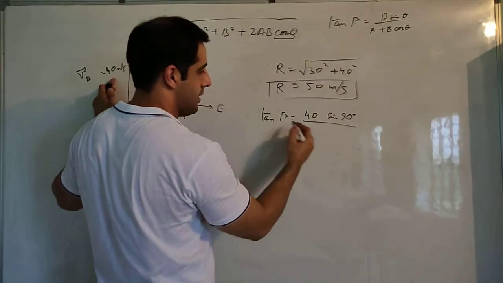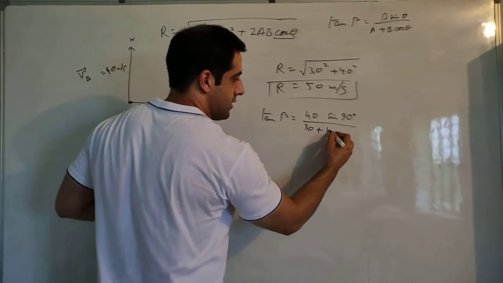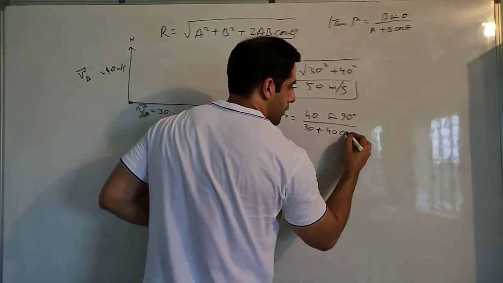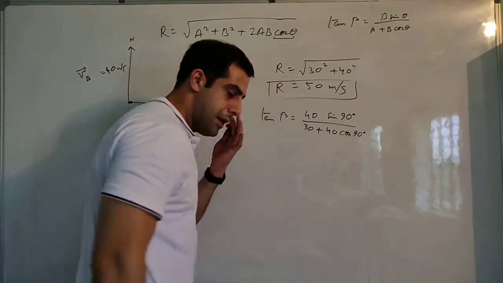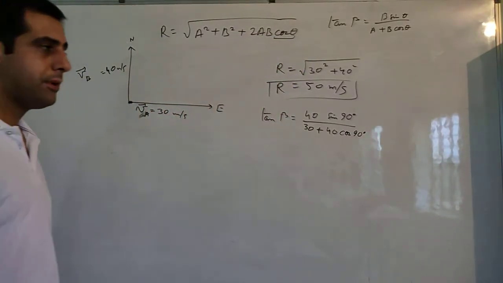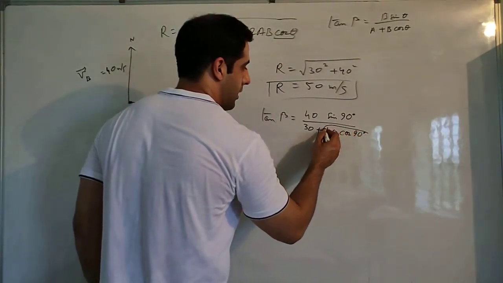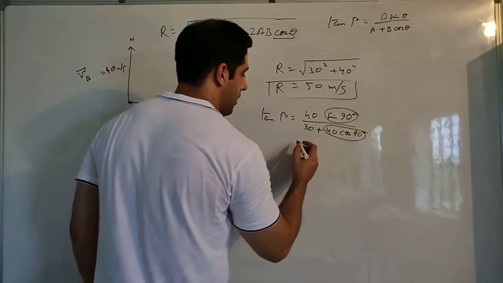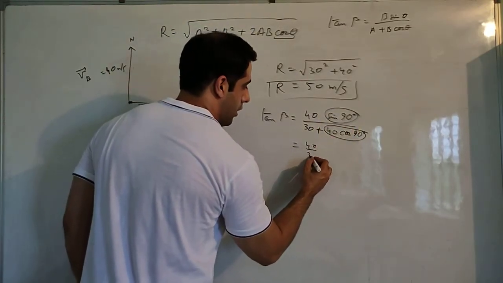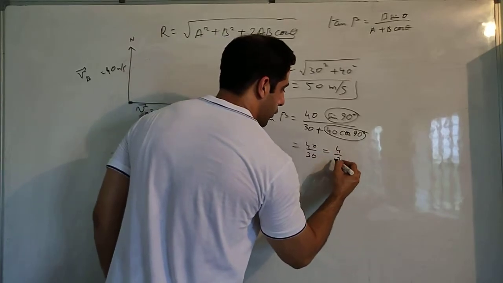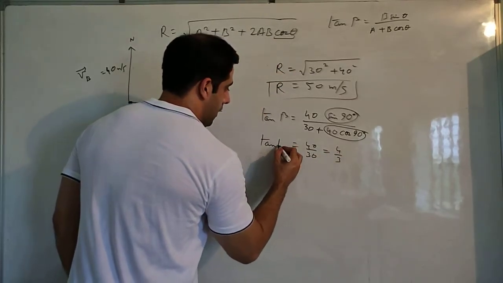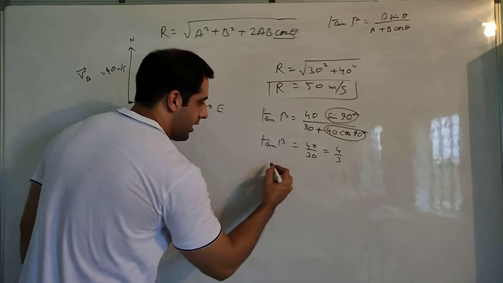A is 30 plus B cos theta, 40 cos 90 degrees. What will happen? This will become 0. This will become 1. What are we going to get? We are going to get 40 by 30 or 4 by 3. So tan beta equals 4 by 3.